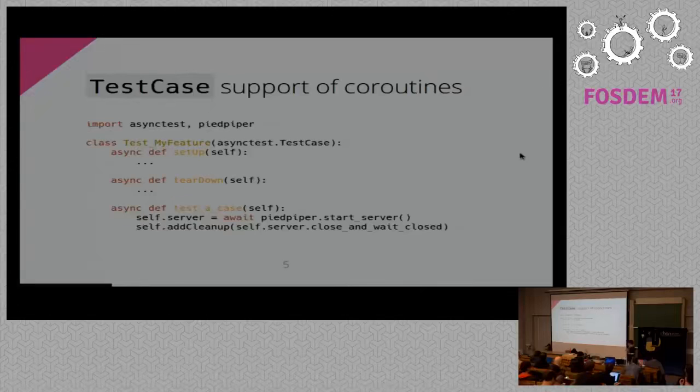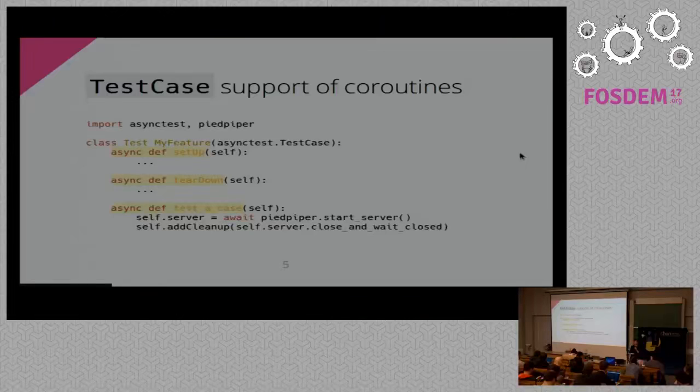So here is a simple example of a test case. What we can see here is that I can actually use a coroutine function as a setUp function, or it works with tearDown, or even your test case can be a coroutine.